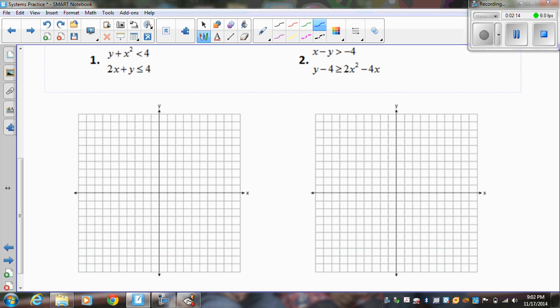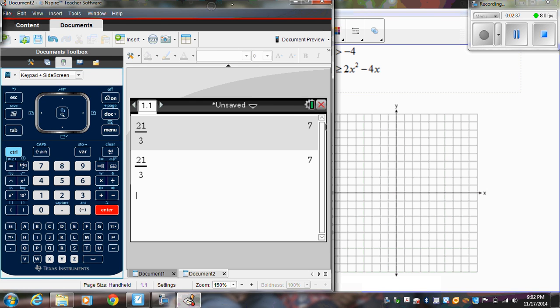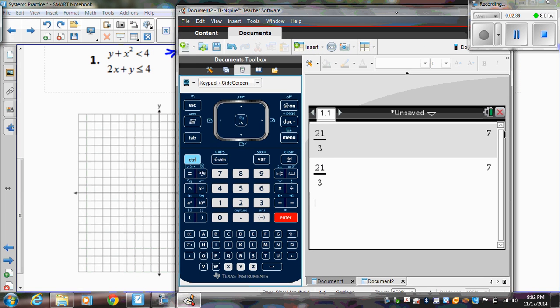So what we need to do is set this to y. I'm going to subtract x squared from both sides, which is going to turn this into y is less than negative x squared plus 4. At this point, you may be able to graph this without assistance of a calculator. If you do need the assistance of a calculator, you can go ahead and grab your calculator.